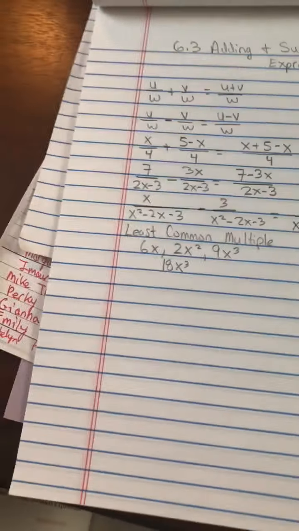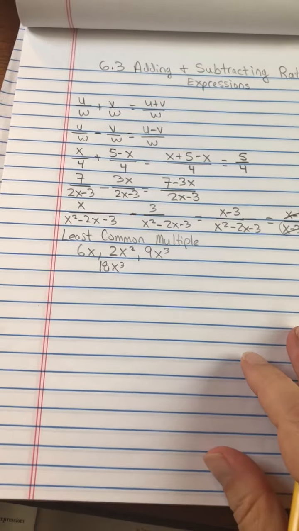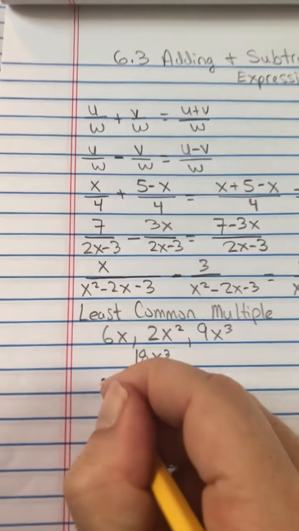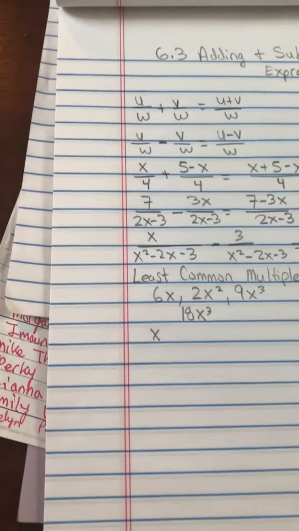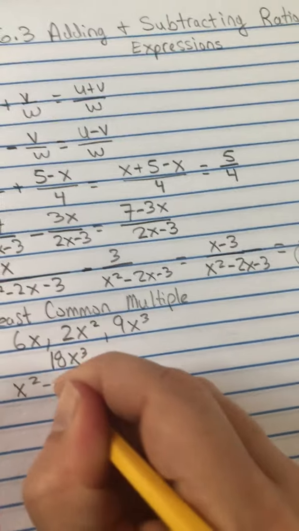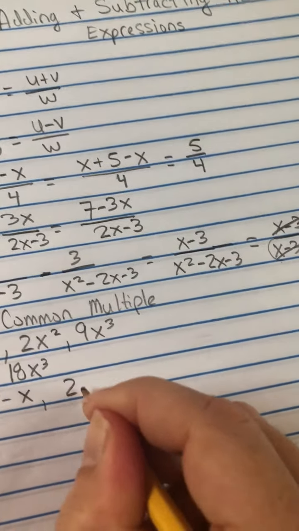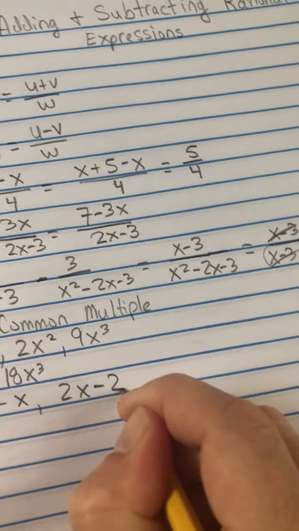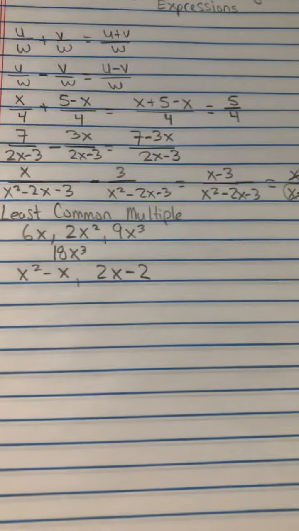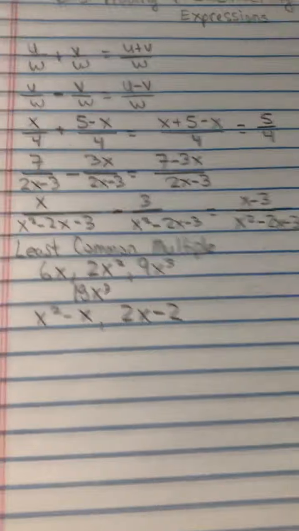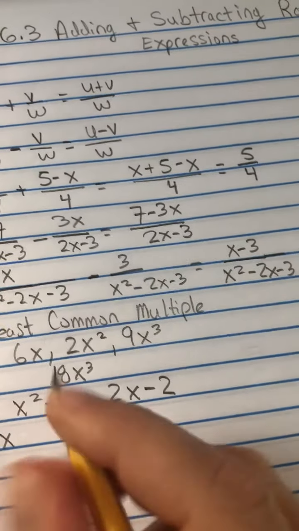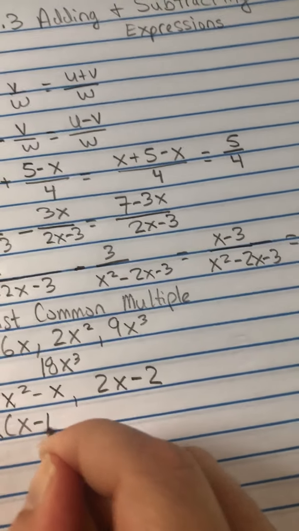If we're looking for the least common multiple between x squared minus x and 2x minus 2, okay, you're going to have to factor to figure it out, all right? So if I factor an x out of here, I'll be left with x minus 1.